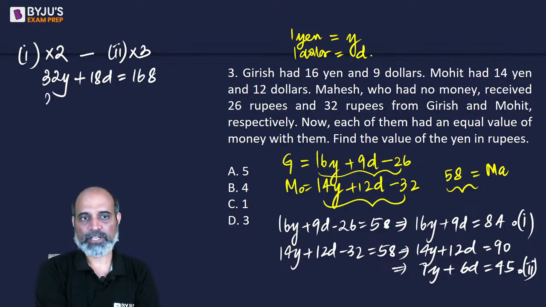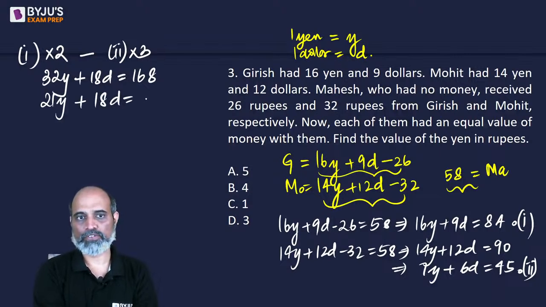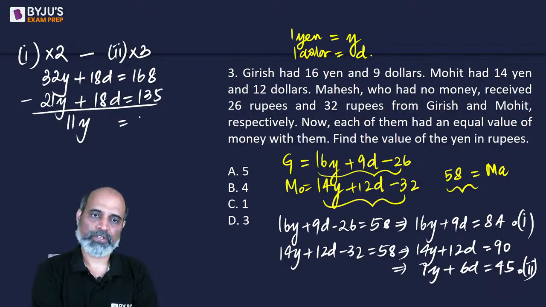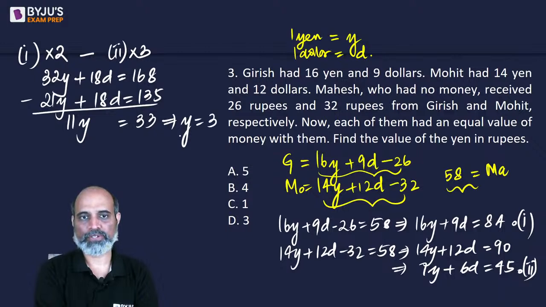And 7 into 3, 21y plus 18d again is equal to 45 into 3, which is 135. If we subtract, we will have 11y is equal to 33, or we will get the value of y is equal to 3. That means 1 yen will be equal to 3 rupees.